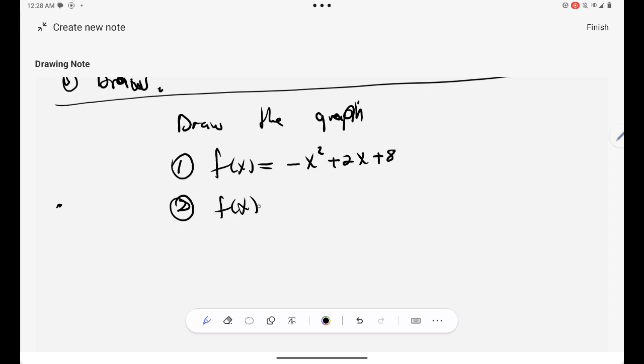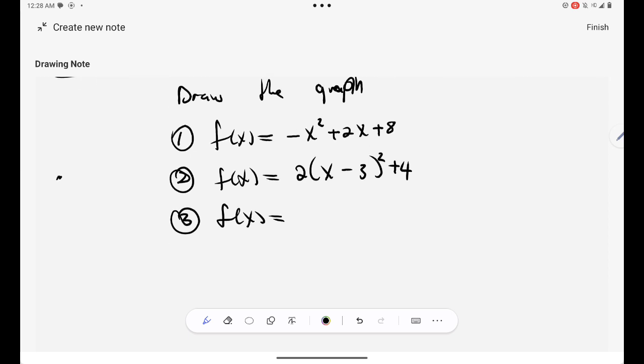Secondly, we have f of x is equal to 2(x minus 3) squared plus 4. Thirdly, we have f of x is equal to x squared minus 4x plus 3.